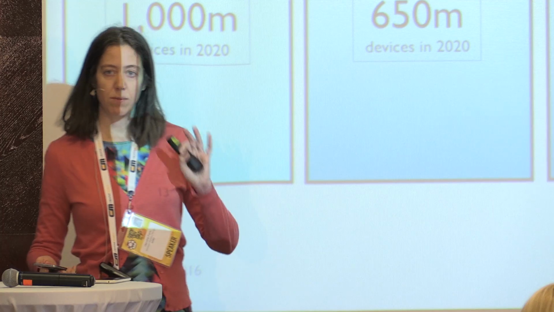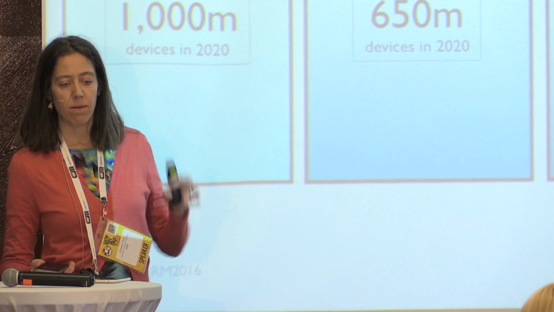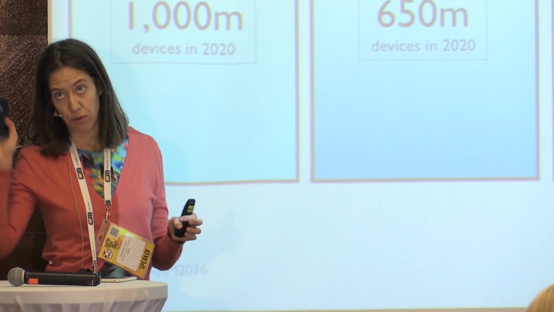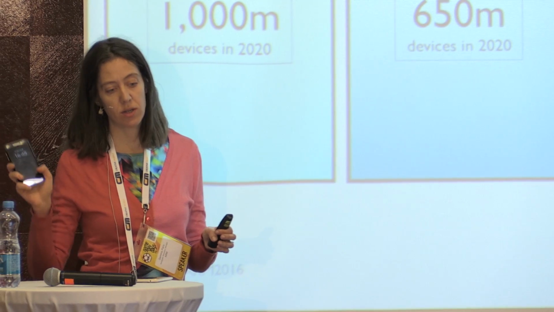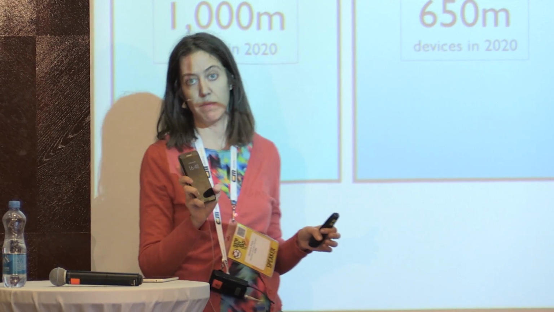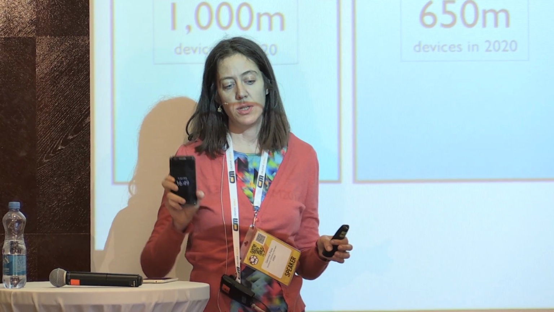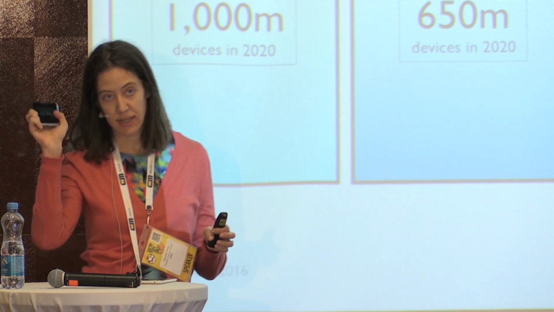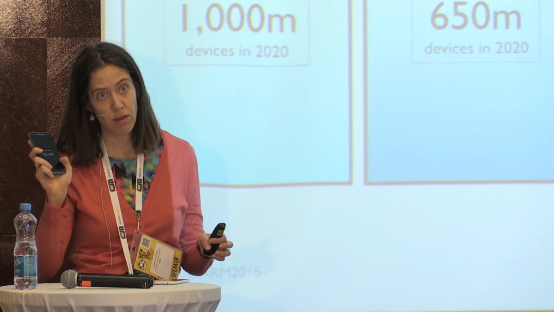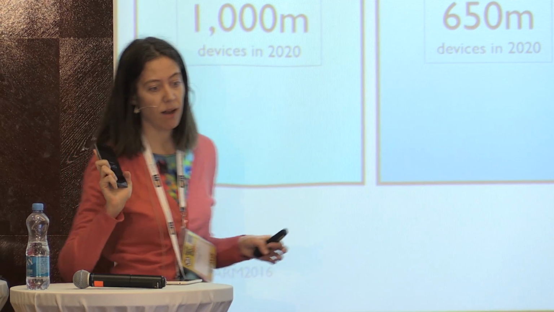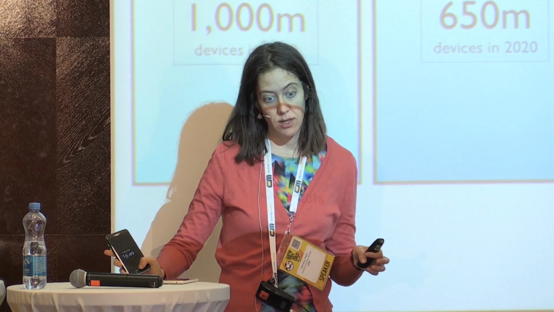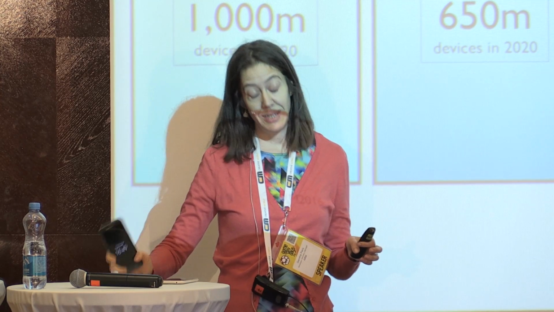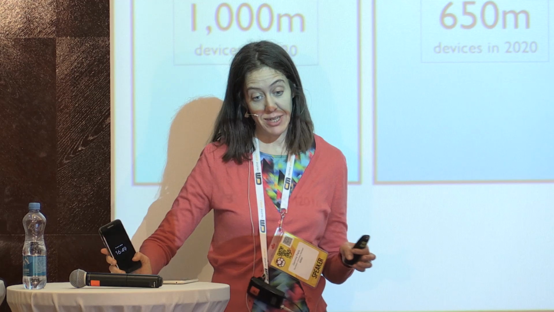And for you to get a bit of an idea, the premium smartphones of today, in 1 to 2 years, are going to be mid-range smartphones, and in 1 to 2 years more, they are going to be entry-level smartphones. So the Samsung Galaxy S7, which was launched last month, in February, will be an entry-level smartphone in 2020. The lifespan of a phone is 2 years, so this market evolves very, very rapidly.